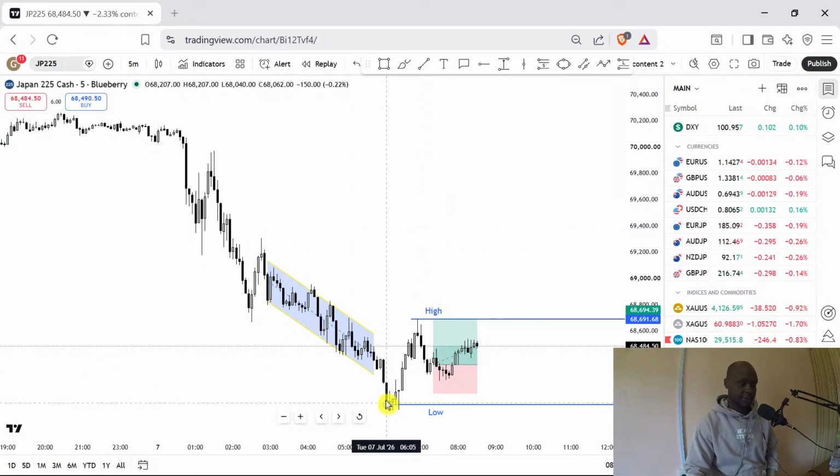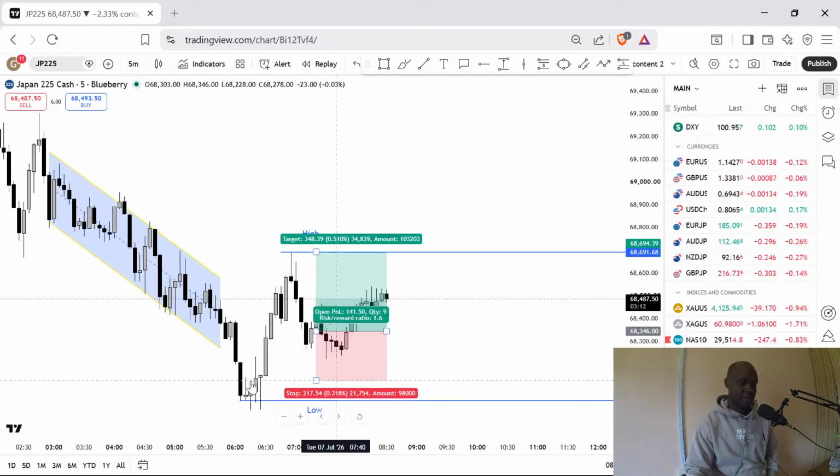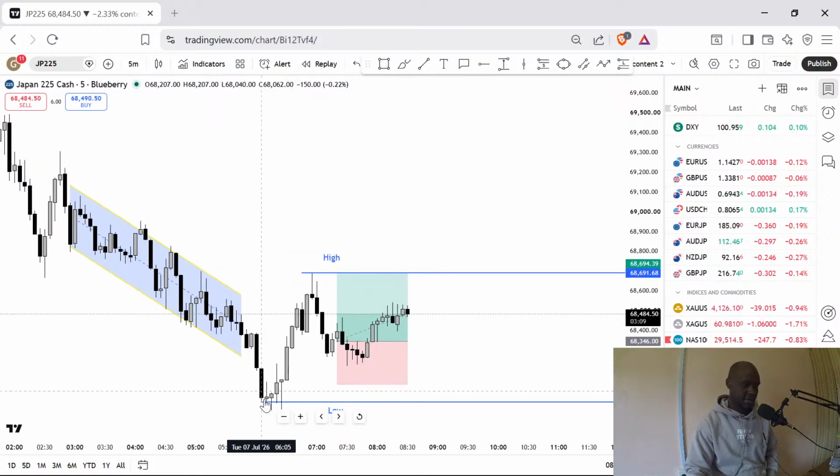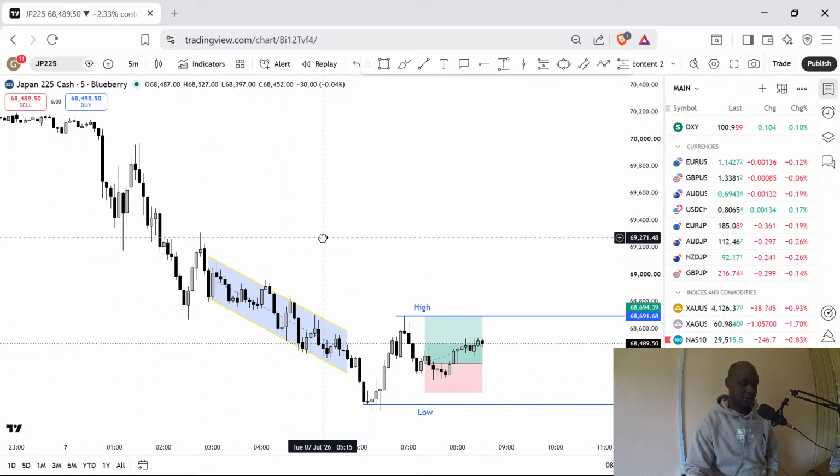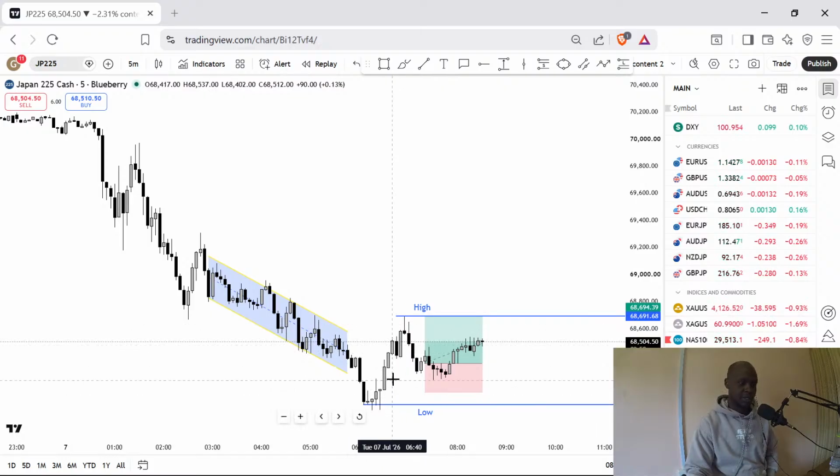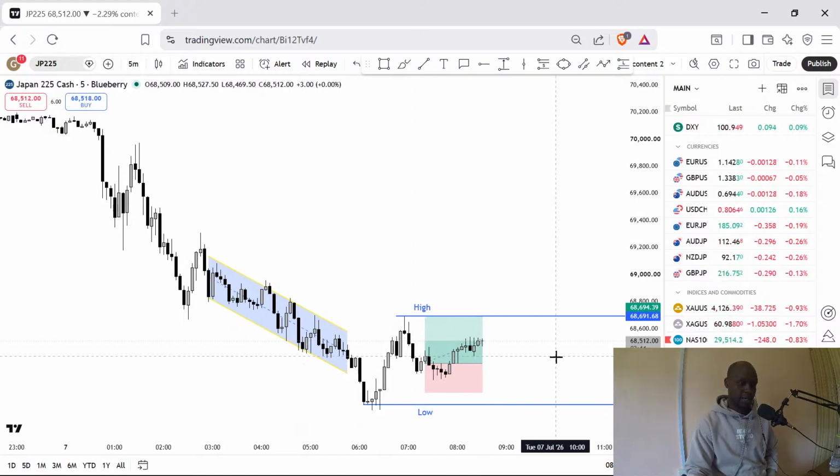In this instance, price continued to push lower after we got the descending channel, but the price action on these candles over here at the bottom was also a clear indication that the selling pressure was exhausted. Once we got this impulsive push with these 1, 2, 3, 4 bullish candles, we have some bearish candles inside the impulsive push, but that's completely fine. I took the entry on the pullback at 7:50, just 10 minutes before the London session.